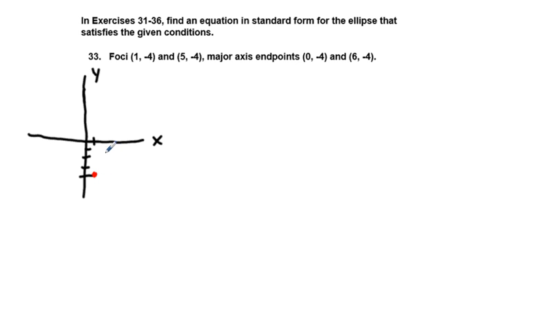And then we have our other foci here at 5, -4. So 1, 2, 3, 4, 5. And we go to -4, which is down 4, which would be right here. So here we have our foci, and we have our major axis endpoints at 0, -4. Well, 0, -4 is going to be 0, 1, and down 4.